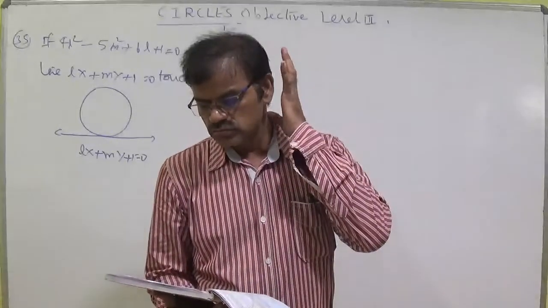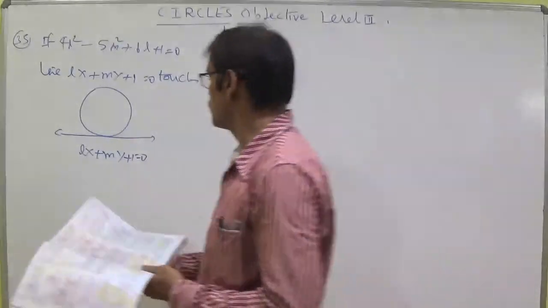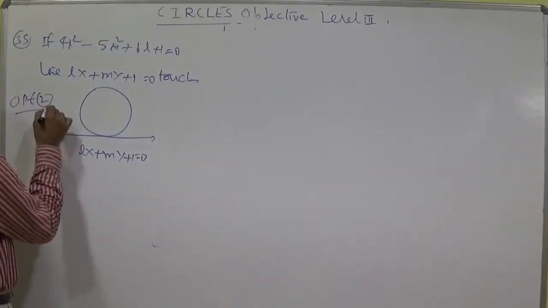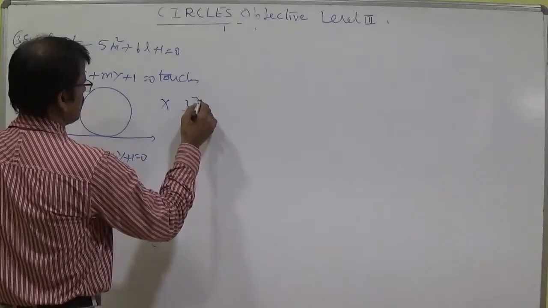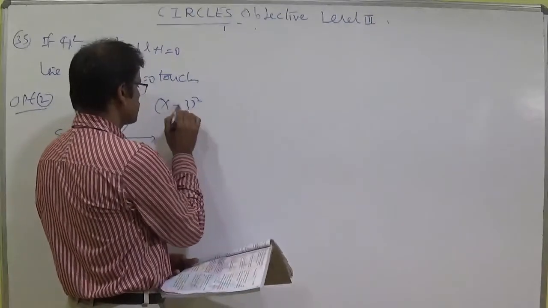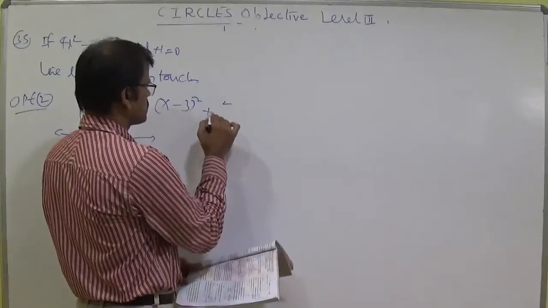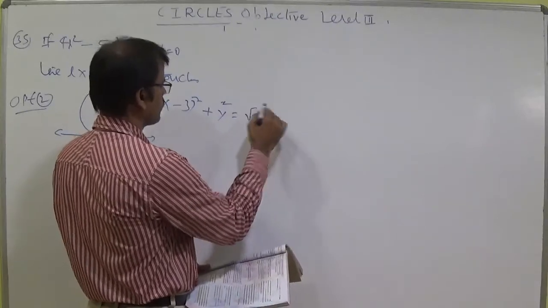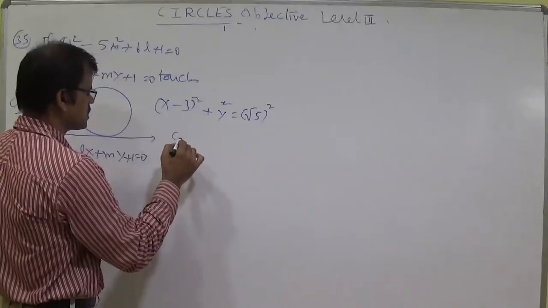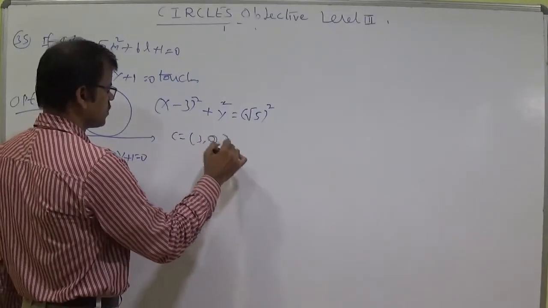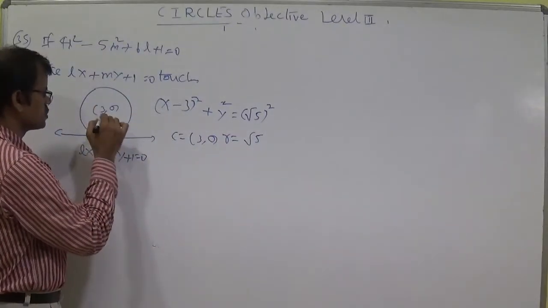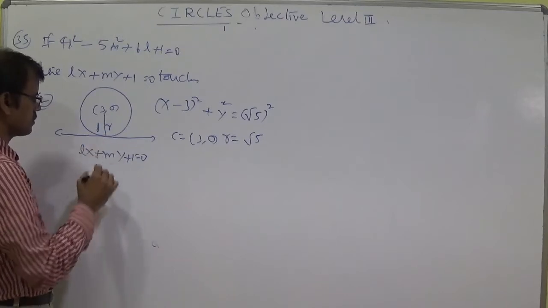Okay, let us verify option 2. Option 2, the circle is x minus 3 whole square, not x plus 3. x minus 3 whole square plus y square is equal to root 5 whole square. He gave 5 only, I had written like this. Here the center is (3, 0) and r is equal to root 5. From the center (3, 0), use the condition r is equal to d.